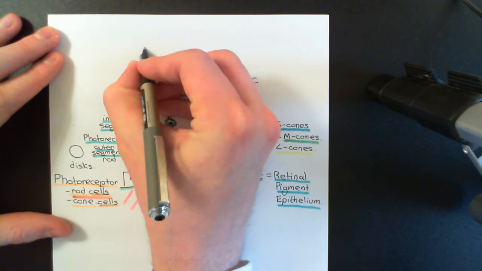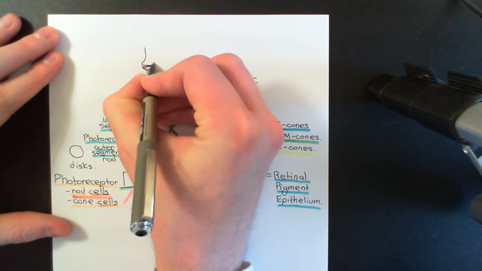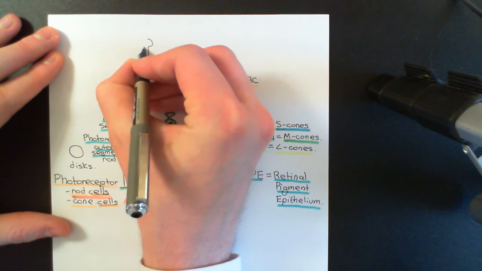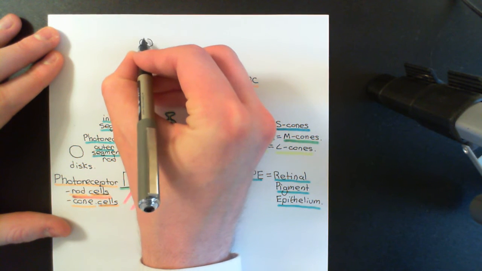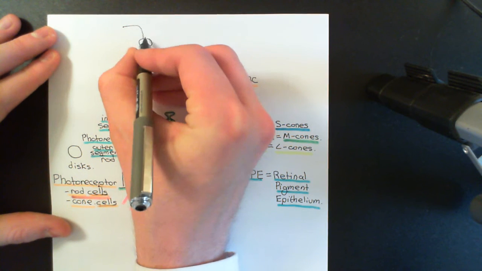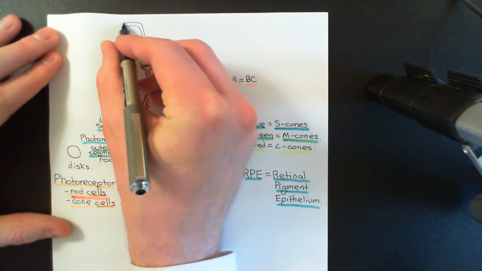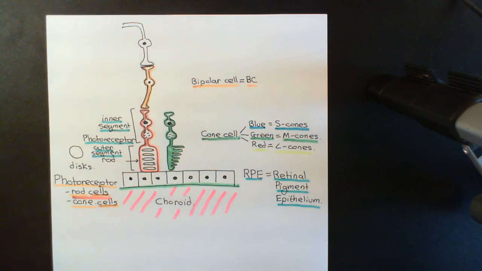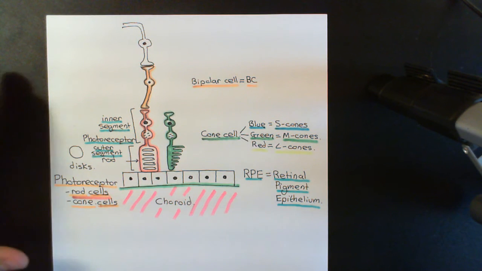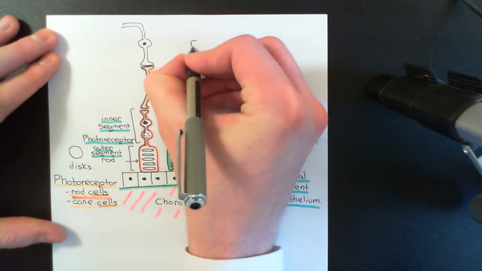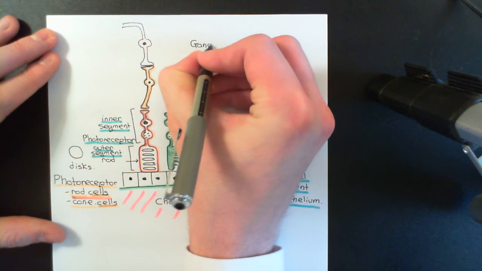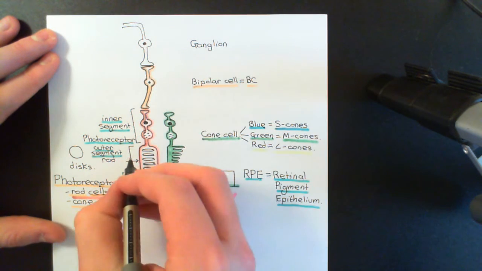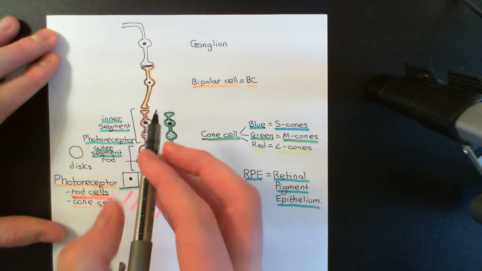So the next cell along is going to be a ganglion cell. So here is the synapse of the ganglion cell with the bipolar cell. Here is the cell body of the ganglion cell. And then here is the axon of the ganglion cell. And this will go off into the optic nerve, and it will take the message to the central nervous system, as we'll discuss in much more detail later on. Now, as we'll see later on, the ganglion cells are actually the first type of cell in this pathway to use an action potential as the electrical signal.